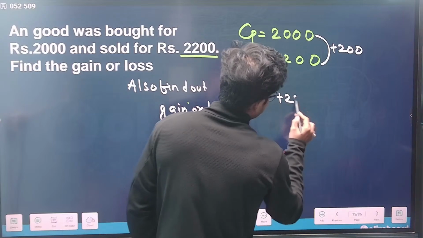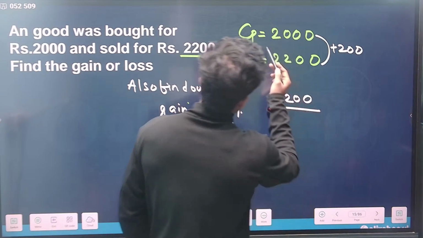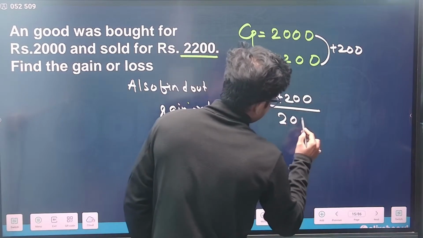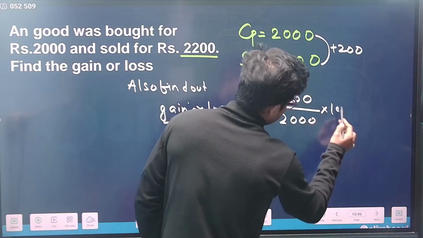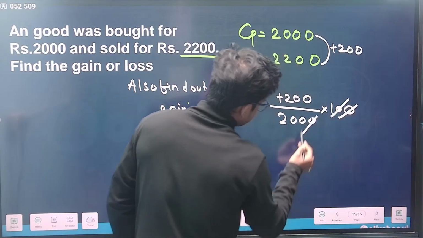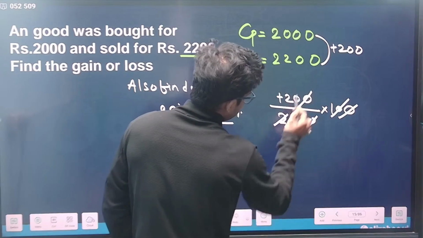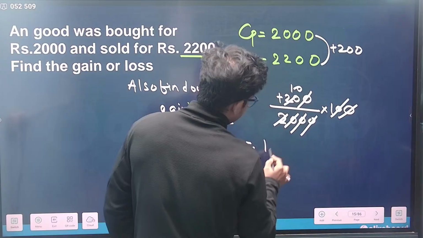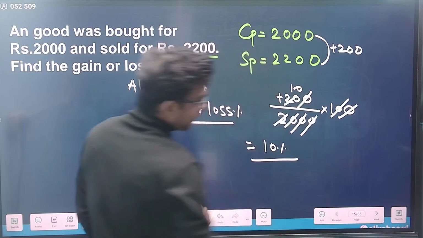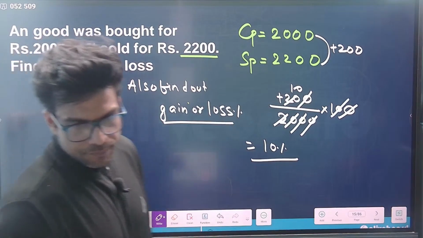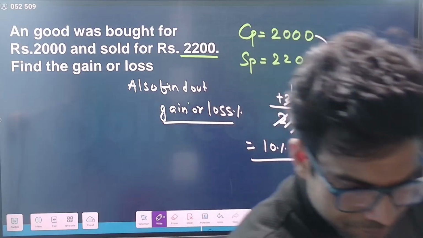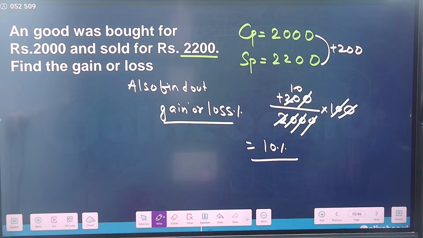Gain always happens on the cost price, so 200 divided by 2000 multiplied by 100. Cancelling the zeros, this gives 10%. So there is a profit of 10%. I hope this is done. Is it clear? Please say, is it clear?